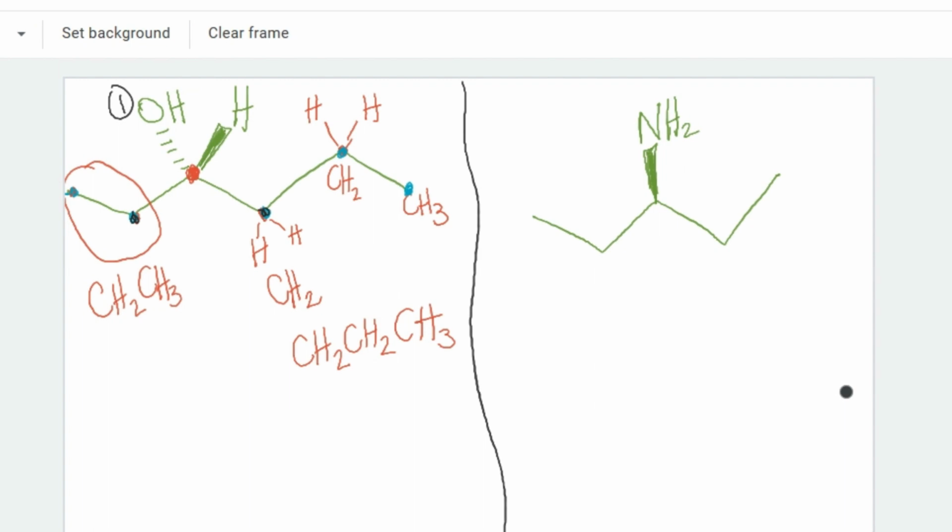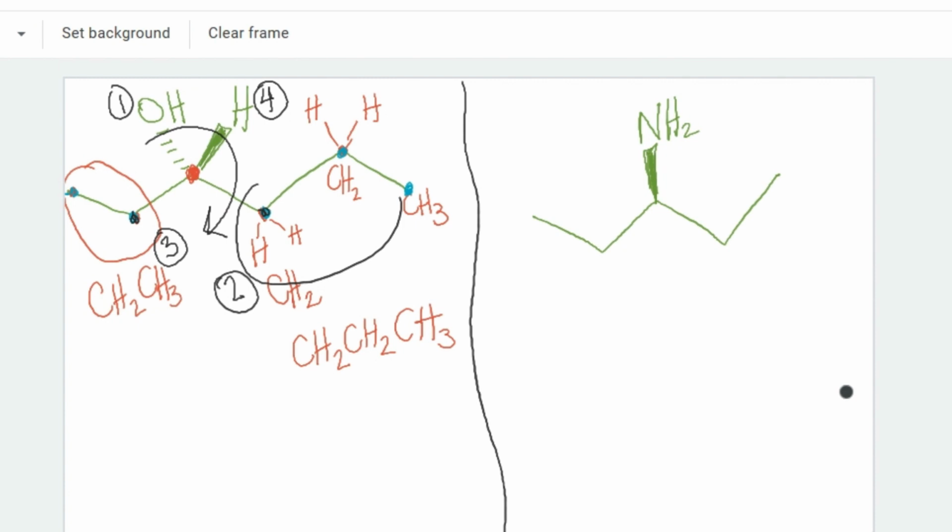It has more carbon chain and a greater mass of substituent. So we're going to make this particular one number 2 priority, and then the ethyl group has less than the propyl group, so this is going to be 3. And then, of course, hydrogen is going to be the 4th priority, so we are going to go in this direction.